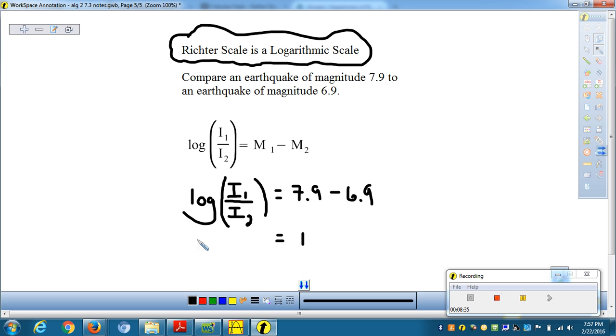And notice that this log is written without a subscript, so that means it is log base 10. And I'll put that in here just to remind ourselves of I sub 1 over I sub 2. Remember, those I's mean intensity.